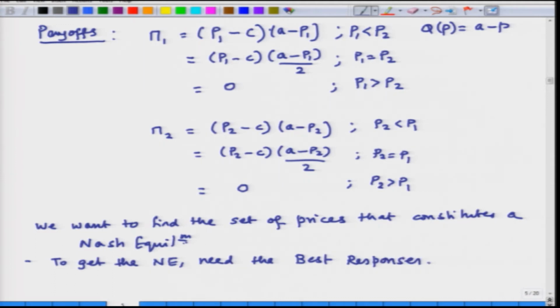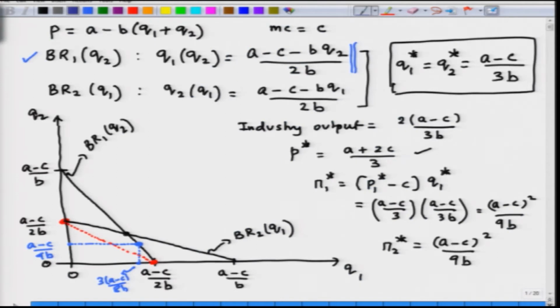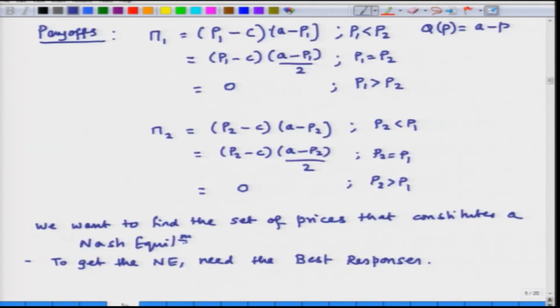Unlike the Cournot model where we had profit functions which were continuous everywhere, we could simply take the derivative of the profit functions and draw these best response functions. Here, because of the discontinuity, because when P1 is less than P2 the profit takes a particular form and when P1 is greater than P2 it becomes 0, it is not very convenient to take derivatives and draw the best response functions.